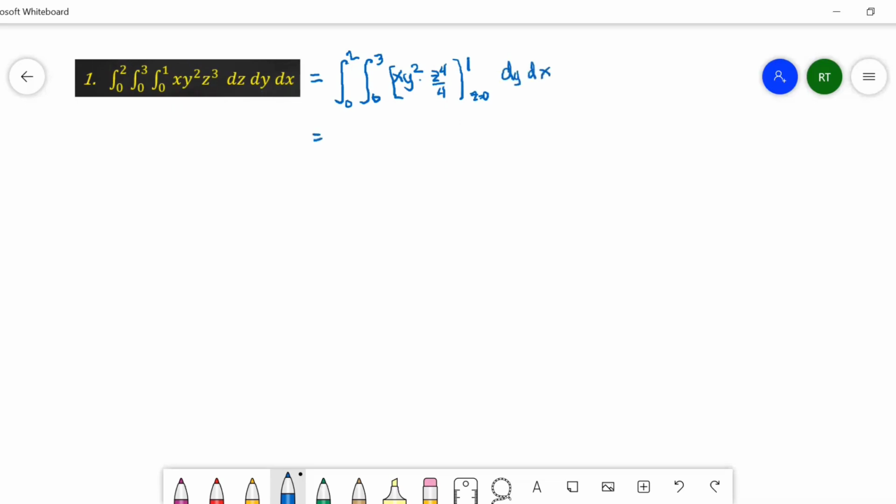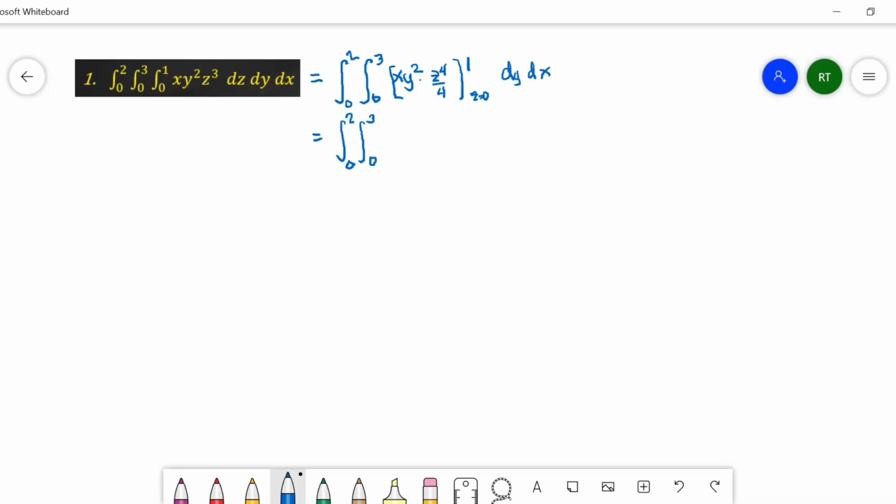Hence, this will give us the double integral, y going from 0 to 3, x going from 0 to 2, and evaluating z to the fourth.